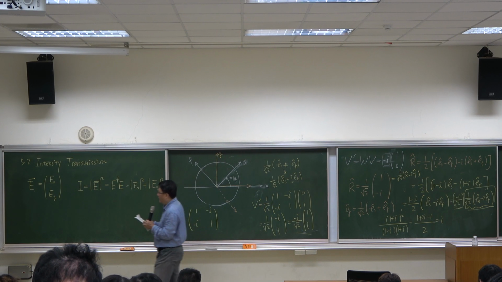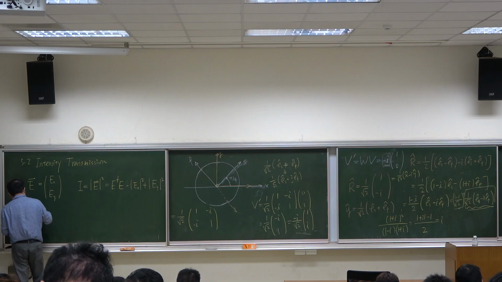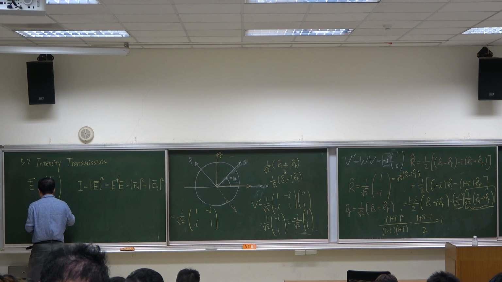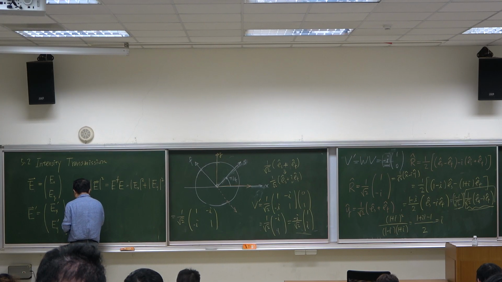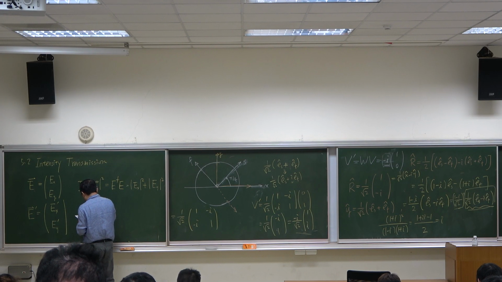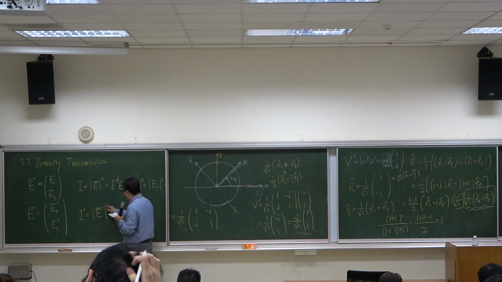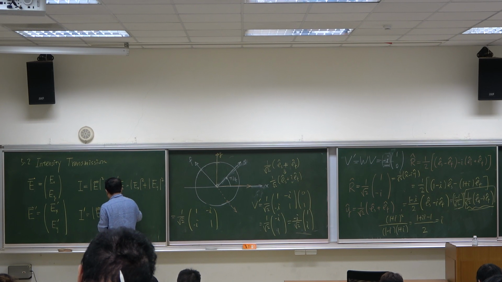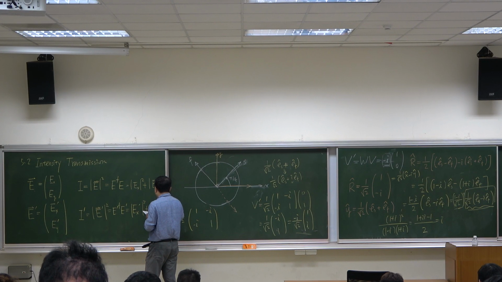And after penetration through the whole structure of the whole device, the final E vector becomes EX prime, EY prime. Then the final intensity becomes the absolute square of the E prime vector, which is equal to E prime dagger times E prime, and is equal to EX prime absolute square plus EY prime absolute square.